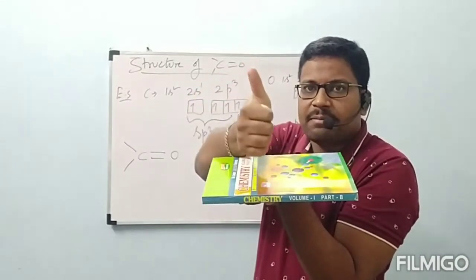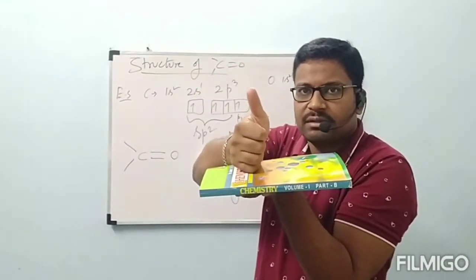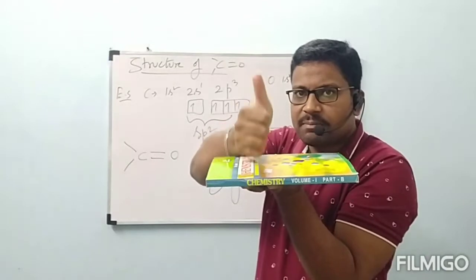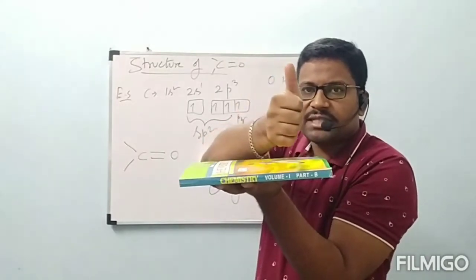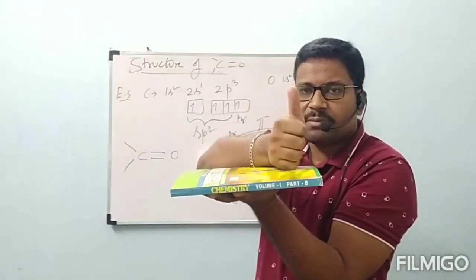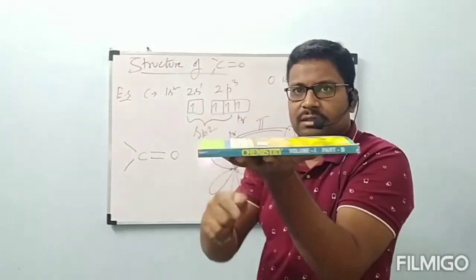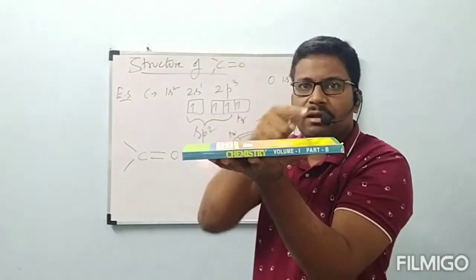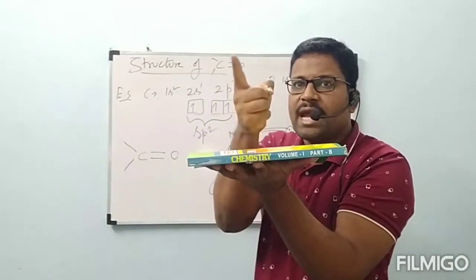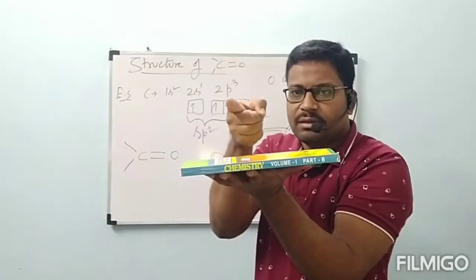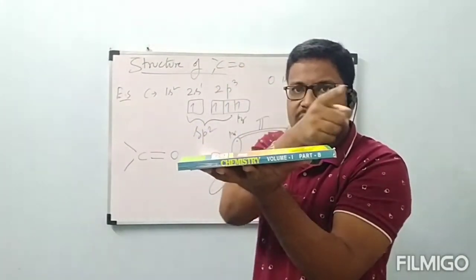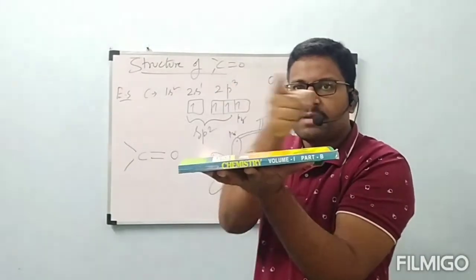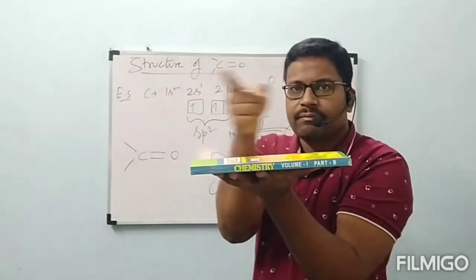The remaining bond on oxygen will also be in the plane. The unhybridized p orbital of carbon will be present like this, above and below the plane. The pz orbital of oxygen will be present like this, above the plane and below the plane. Now this unhybridized pz orbital of carbon and the pz orbital of oxygen will be involved in the pi bond. This pi bond is present above the plane.